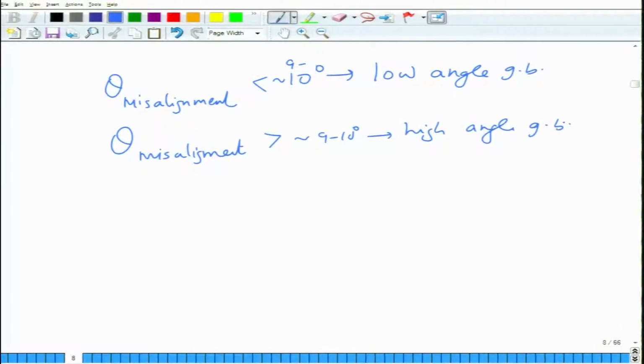Often in many materials the low angle grain boundary can be viewed as an array of dislocations.